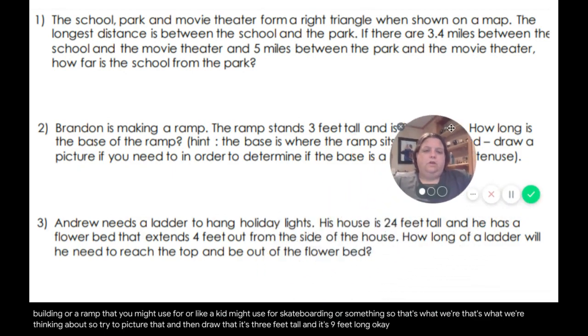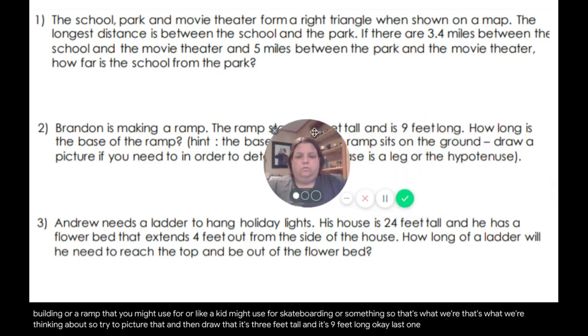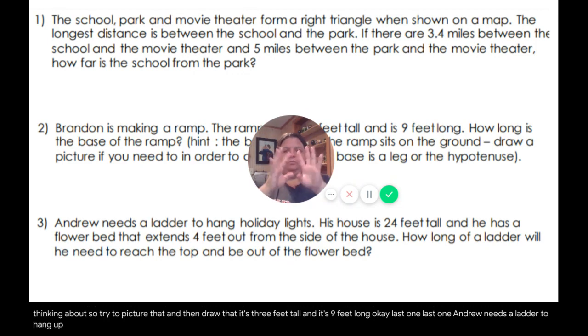Okay, last one. Andrew needs a ladder to hang up some holiday lights.